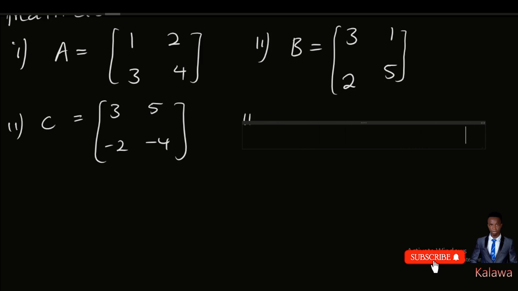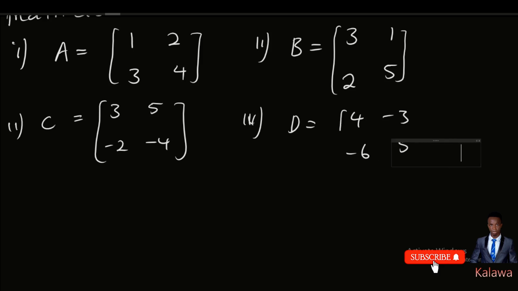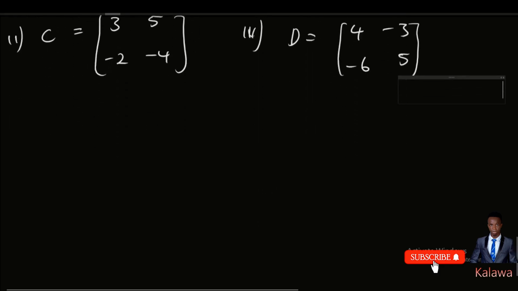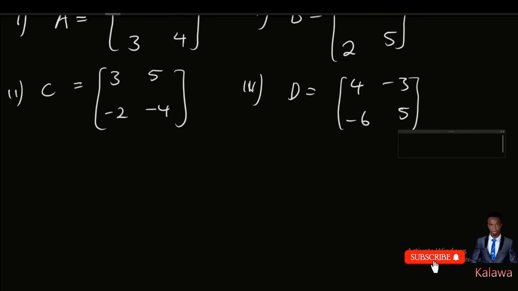And for the final one, D matrix is going to be 4, minus 3, minus 6, and 5. So this is it. From this example, I'll only solve 2 solutions.